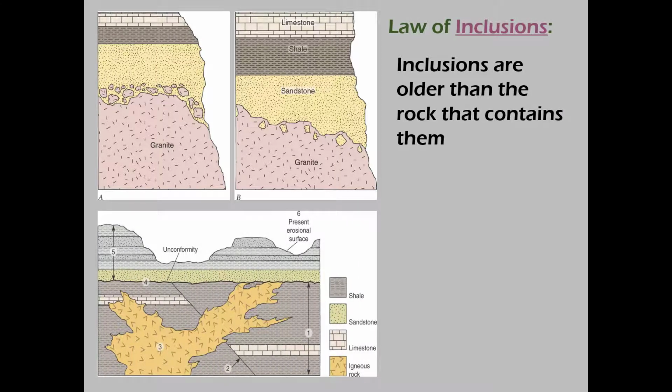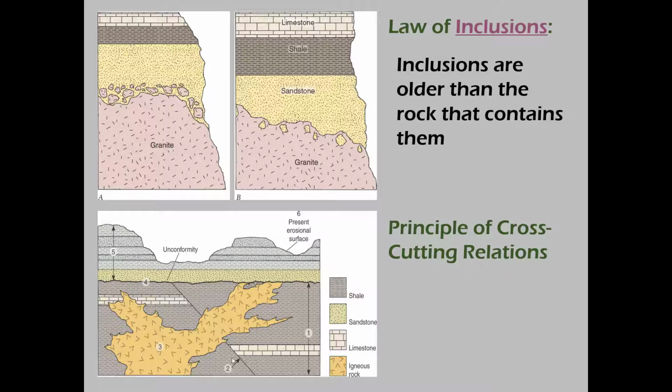The next law of relative dating is called the principle of cross-cutting relations, and this is something that you likely remember from 101. It talks about two different types of features: igneous intrusions and faults.